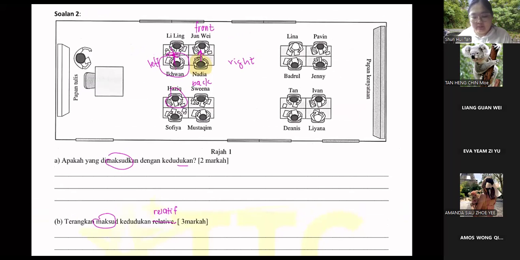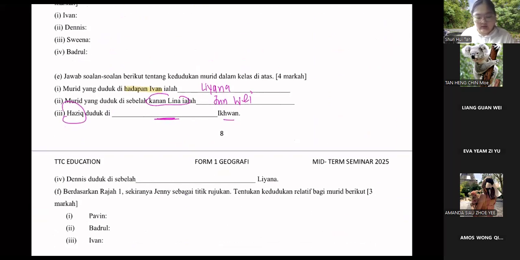Hasid is belakang Ikwan. Why? This is the table. They are facing this way. Because this is the table and this is a chair, you are always facing this way. This is the human, facing here. So Hasid is at the back.